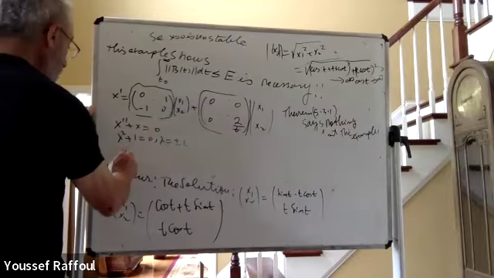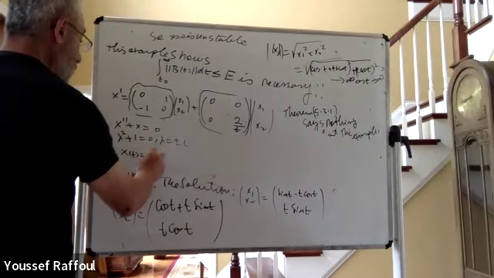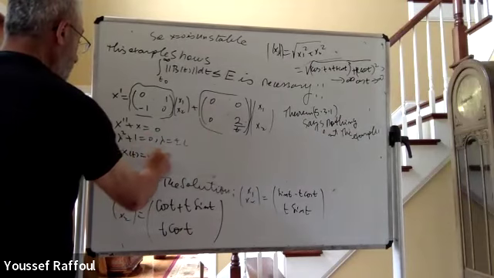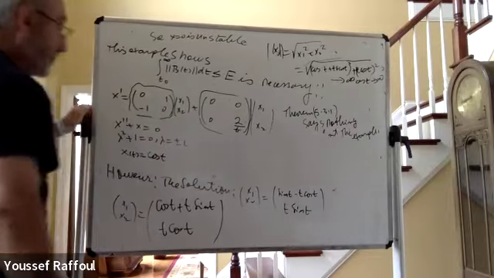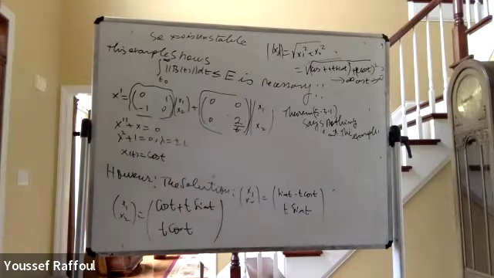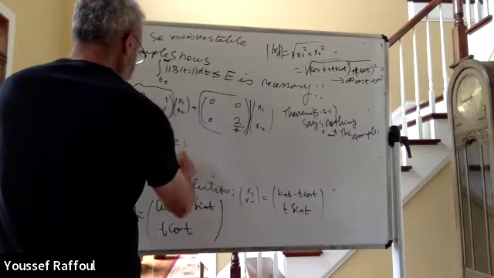So what is the solution to that? x of t equals C1 cosine t plus C2 sine t.